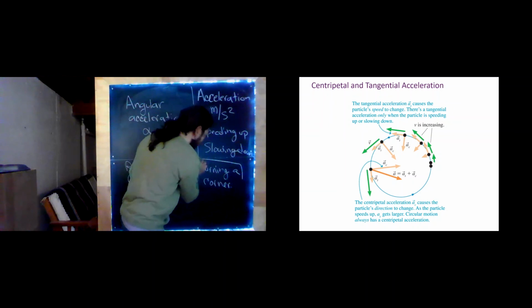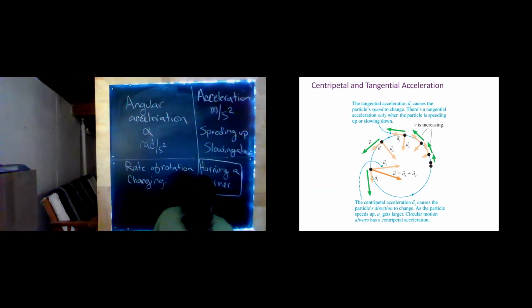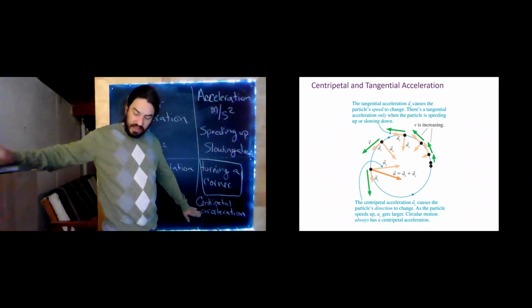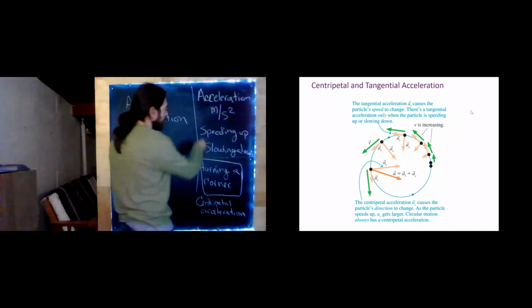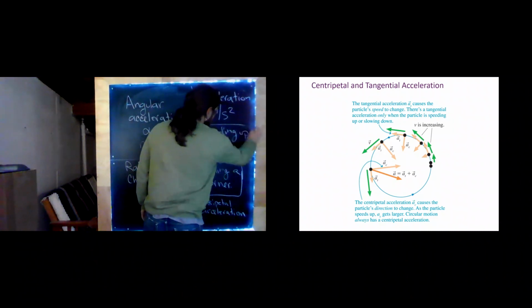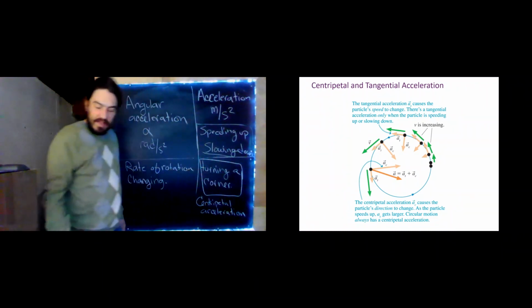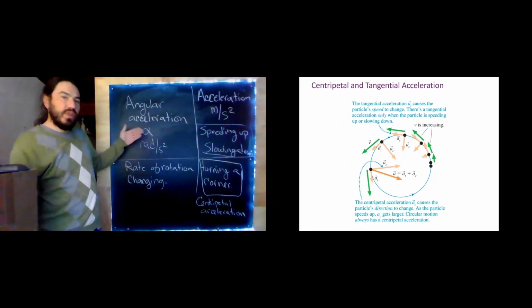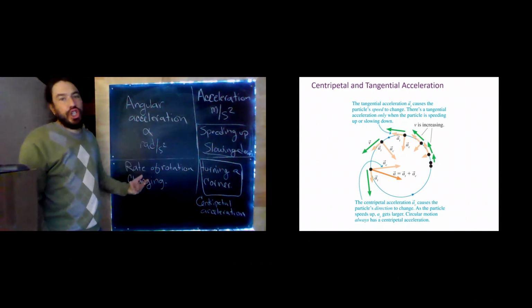This business right here, turning a corner, we call the centripetal acceleration. We could call these two the rate of change of speed. This is the only one, though, that refers us to a rate of rotation changing.